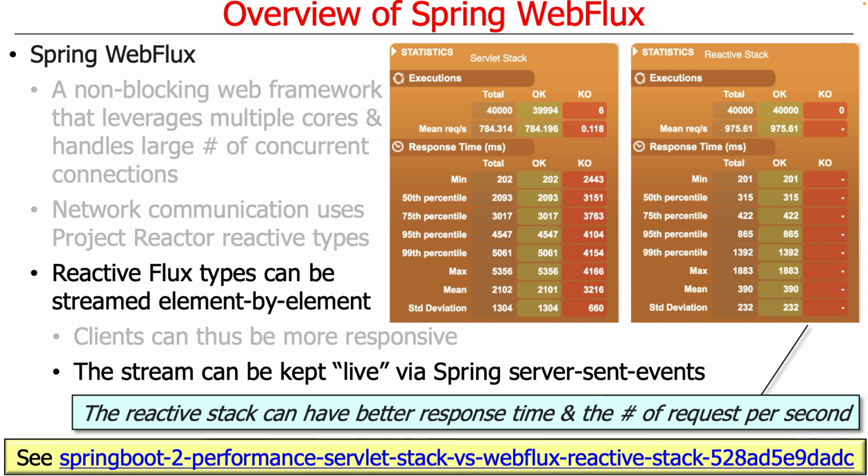Another nice thing, and this is a little bit dated, this is sort of pre-Java virtual threads, is that reactive stacks can have better response time and process more requests per second than the traditional platform thread-based non-reactive stacks. There's an article here that compared the performance of the servlet stack, which is on the left, and the reactive stack, which is on the right, in terms of latency, throughput, and so on.